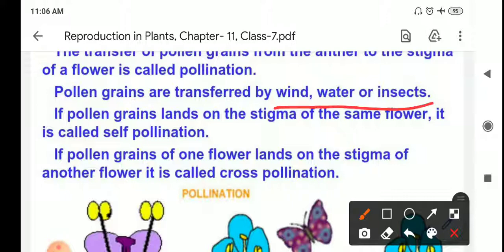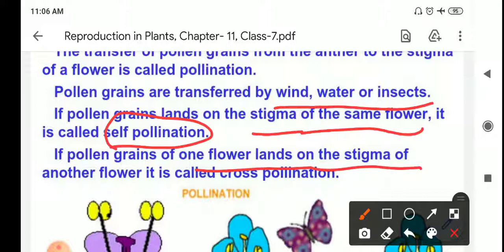If pollen grains land on the stigma of the same flower, it is called self pollination. But if pollen grains of one flower land on the stigma of another flower, that is called cross pollination.